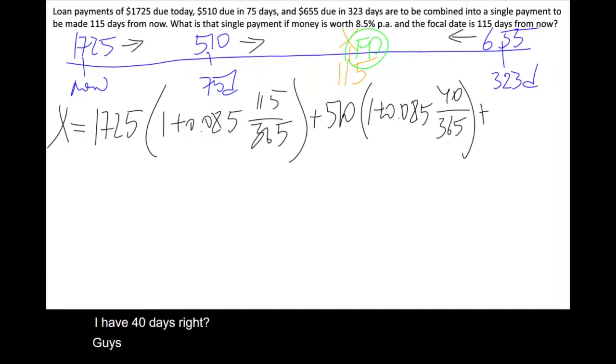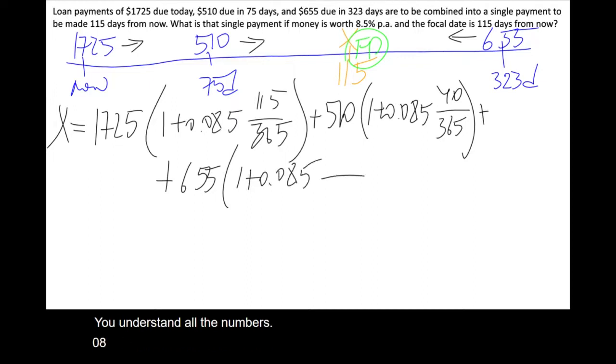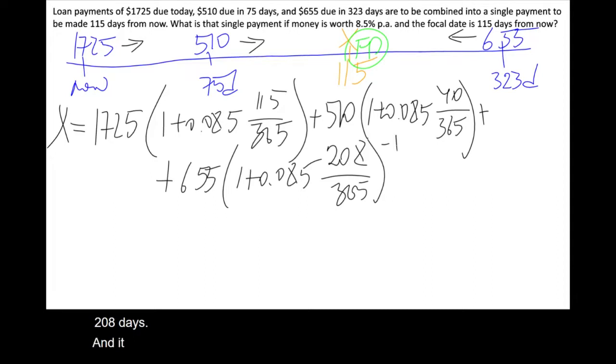Guys, please make sure that you understand all the numbers. 0.085, and here I have 208 days, and it is the present value formula. So payment X, let's calculate.